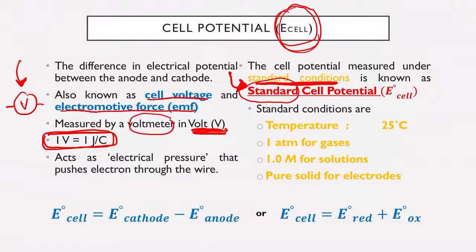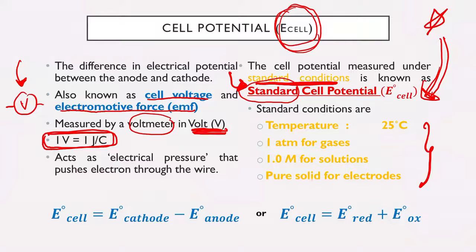Okay, so standard cell potential ni, this is what is important. This is what we will be using later for calculating half cell potentials, okay, SRP and so on. So ni adalah standard condition that we know.